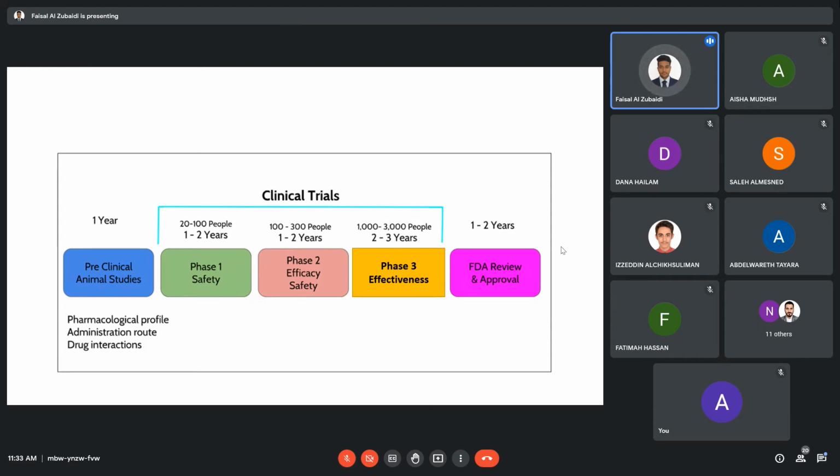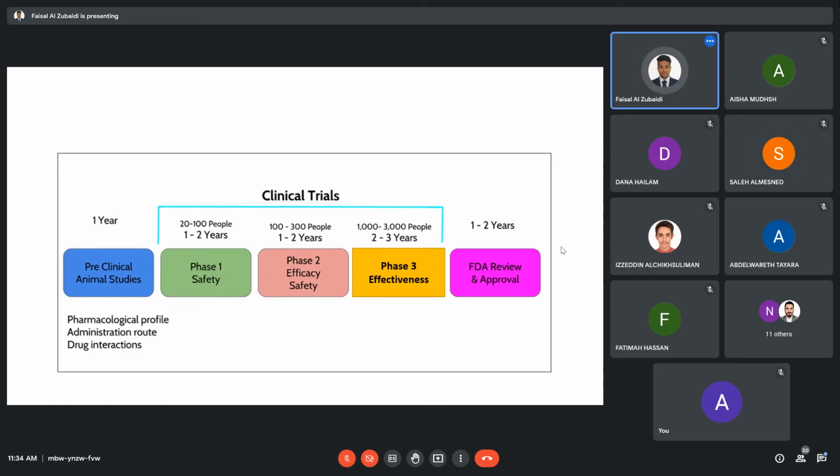So in phase 3, we will try to generalize our outcome. We will have a bigger population, a bigger sample, and a very different and variable sample in each arm, so when we have the outcomes, we can generalize them over the population.